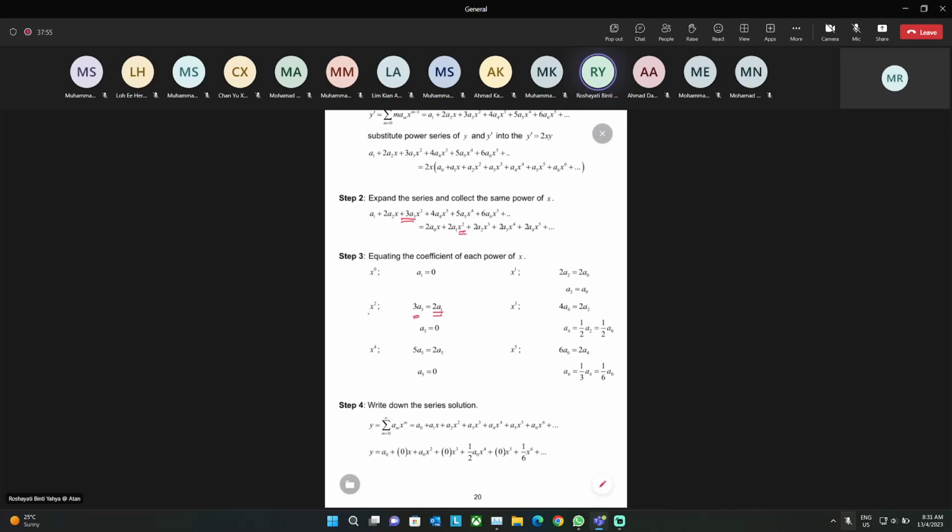Again, you can simplify and rearrange this equation. a3 equal to 1 over 3 a1. We know that your a1 is 0 from the previous step, so times 0, that's why your a3 becomes 0.